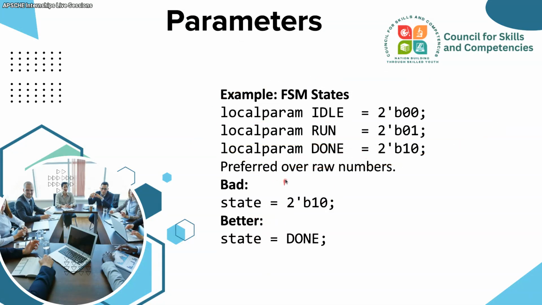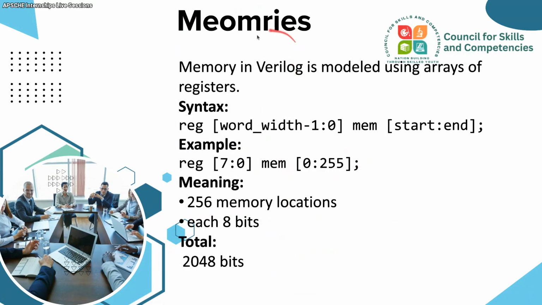Then if we give the state something like this, and if this is a done state, you can create a local parameter called done, introduce this done and assign it to the state. It will be much more readable compared to binary values. So these are some usages related to parameters.